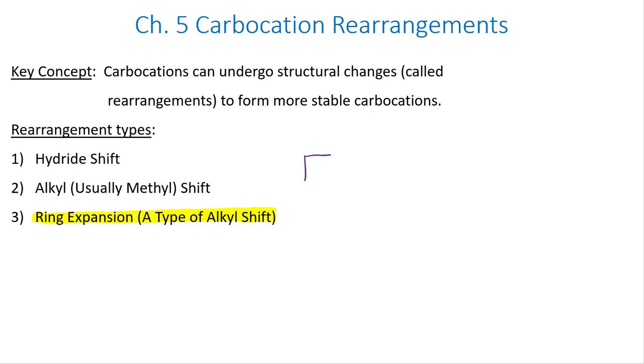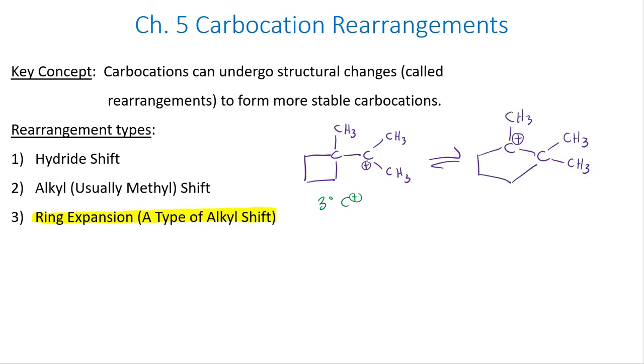Now let's say that we have a situation like this, where we're starting with a relatively small ring, and we could even be starting with a tertiary carbocation, which would make us wonder, well, why would there be a rearrangement at all? And if we just look at the product of the rearrangement, how would that be more stable if it's still tertiary?